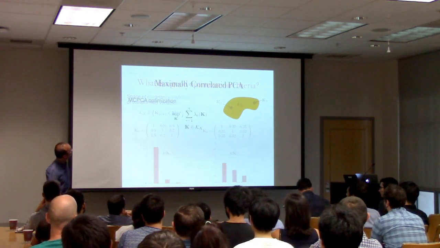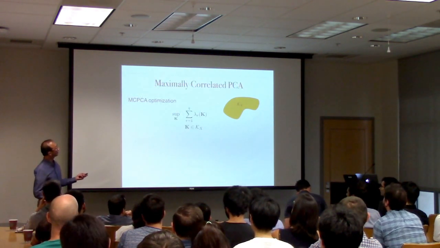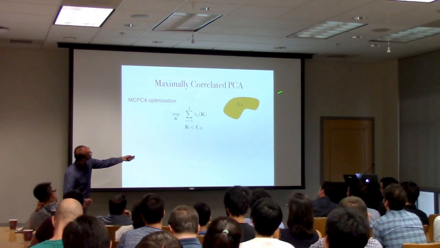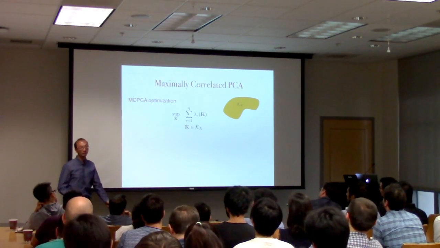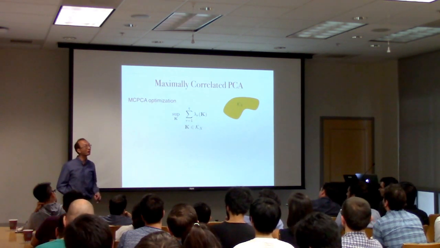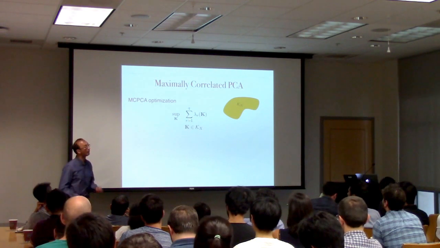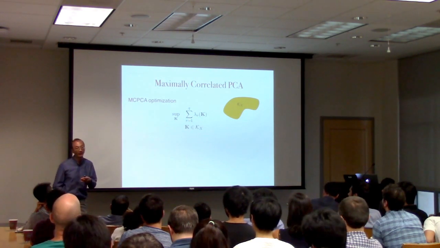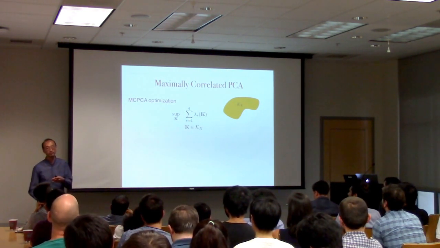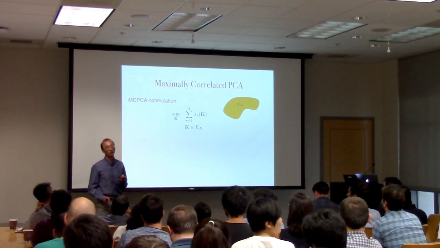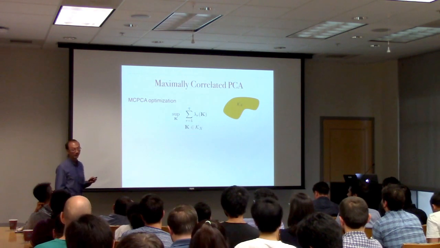So therefore, a natural criterion is to choose the covariance matrix in this set of all possible covariance matrices, under applying nonlinear transformations, to maximize the sum of the largest Q eigenvalues of the covariance matrix. So this is the so-called Ky Fan Q-norm of the matrix K.